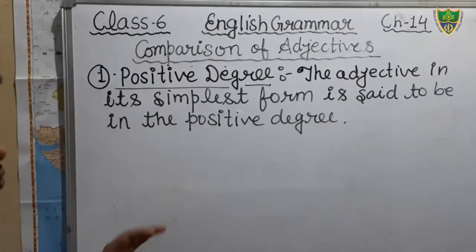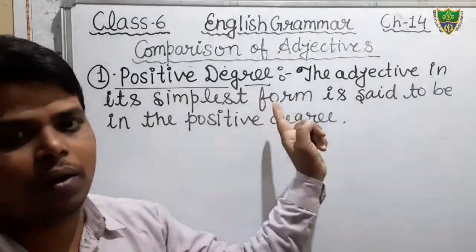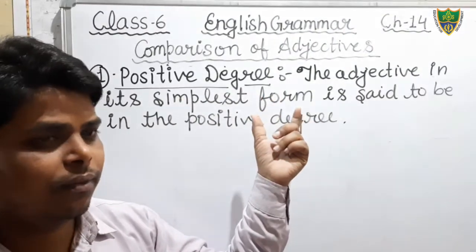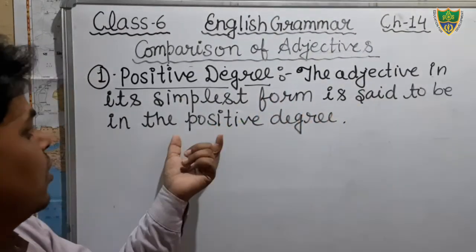Students, write down the degree in its simplest form. That simplest form is said to be the positive degree.